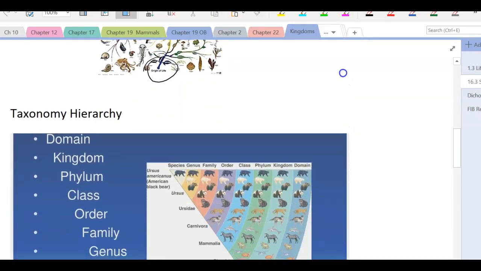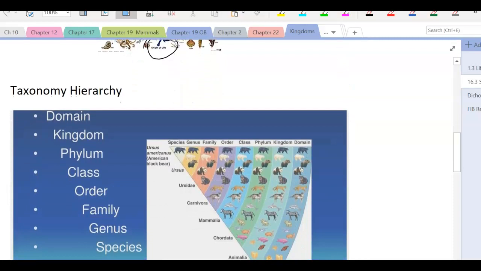So taxonomy then is the classification, identification, and naming of individual organisms. And because we speak different languages, different organisms can have common names in their country of origin that can be very different because of the differences in the language.